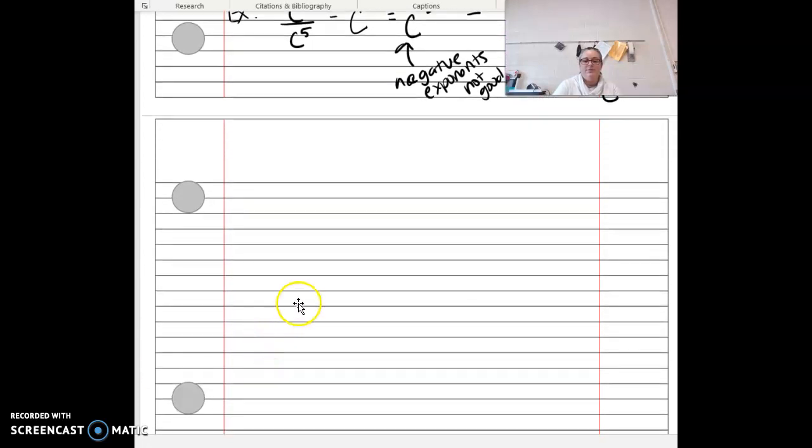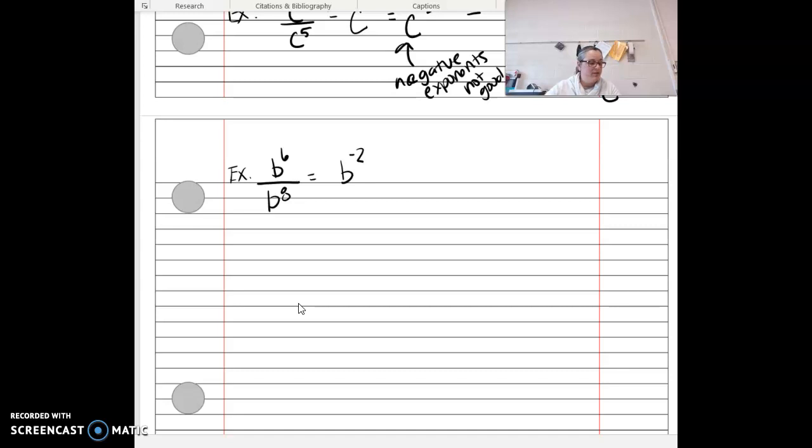Let's look at another one. All right, so if I did b to the sixth divided by b to the eighth, I get b to the negative 2 power. But again, I don't like the negatives.